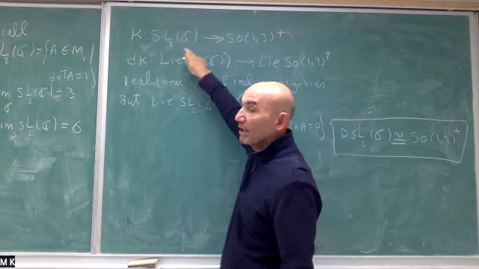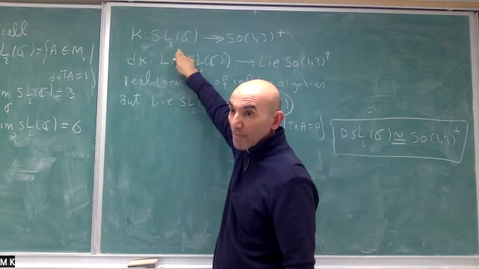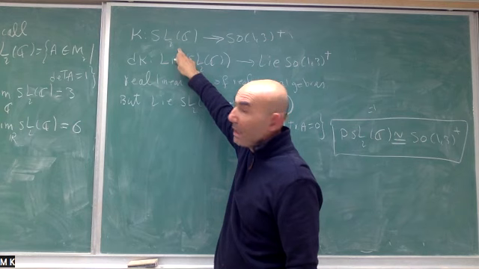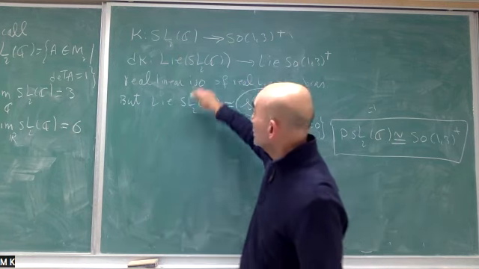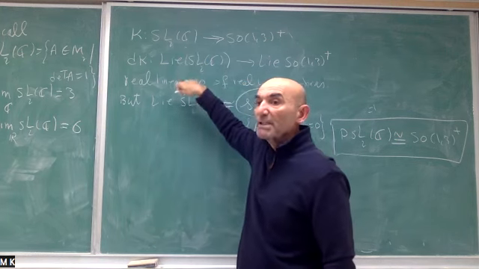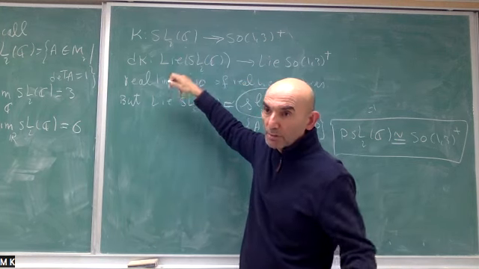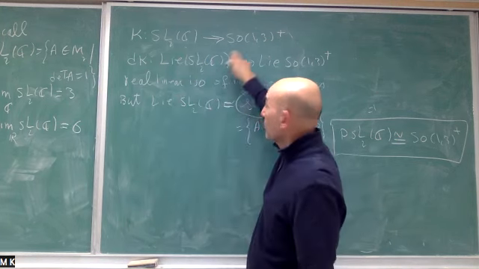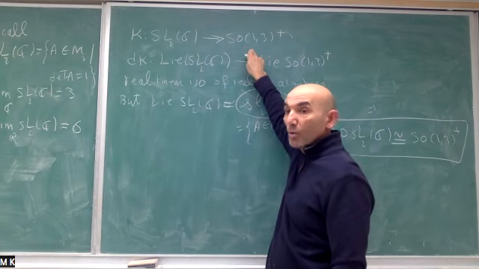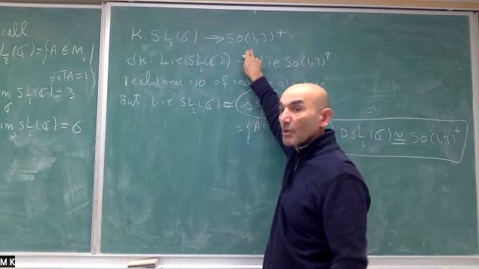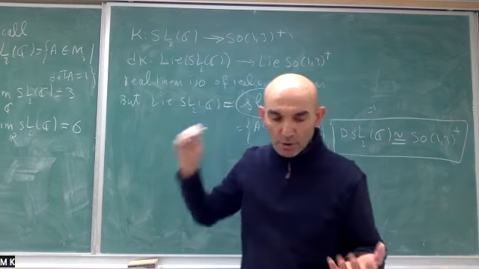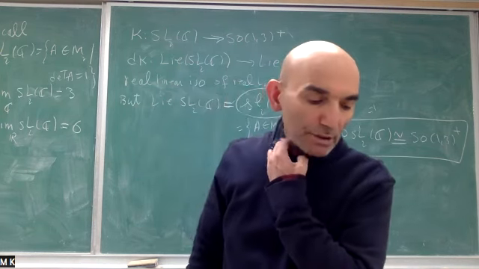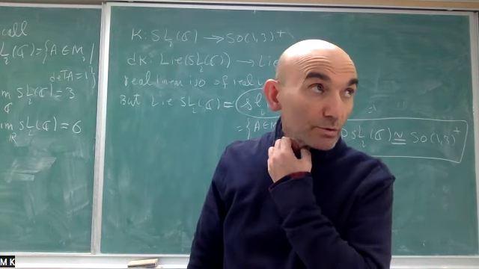They are genuine representations of SL(2,C), because it is simply connected. Because this is simply connected, there is a one-to-one correspondence between its complex representations and representations of its Lie algebra. But this is not the case for SO(1,3), because it has some topology, so not everything lifts.